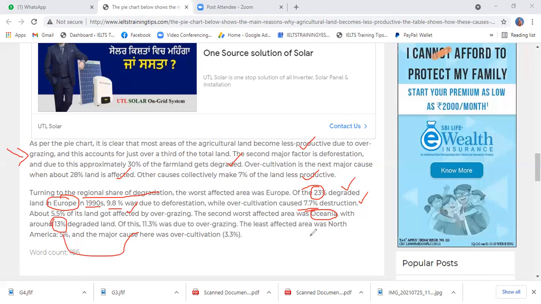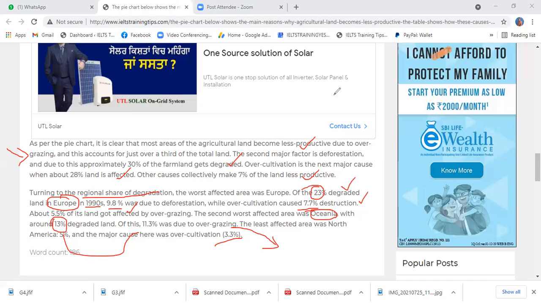We have not said what is happening due to other causes, overcultivation and deforestation, in Oceania. So we have selected the main features only. We have not selected all the data. The least affected area was North America, 5%, and the major cause here was overcultivation. Only the major causes: we have selected and reported the main features only.